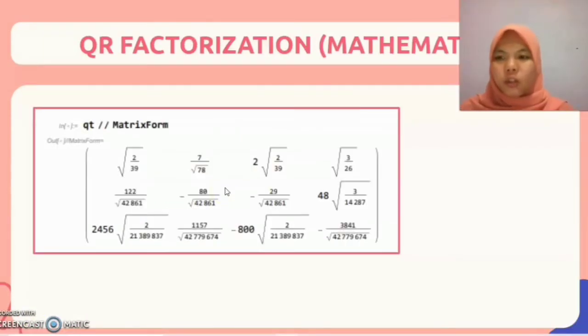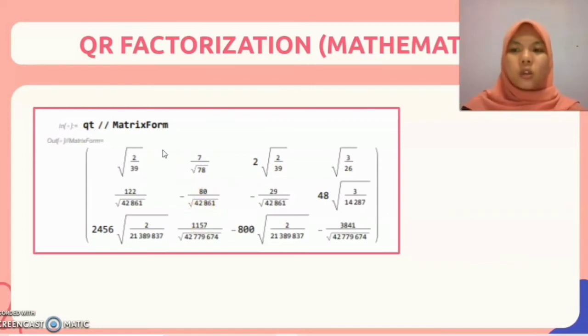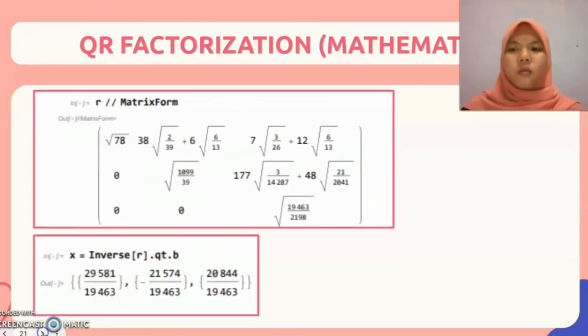Hello, my name is Nur Fatihah binti Muhammad Fadli, and I will continue the explanation of QR factorization by using Mathematica software. Okay, so we insert the input of Q transpose to get the output in the matrix form. So as you can see, the matrix form given from the Q transpose is a 4x3 matrix.